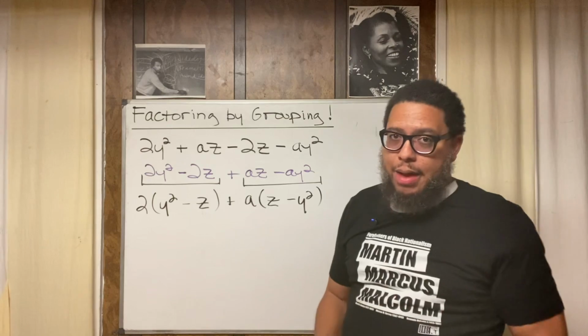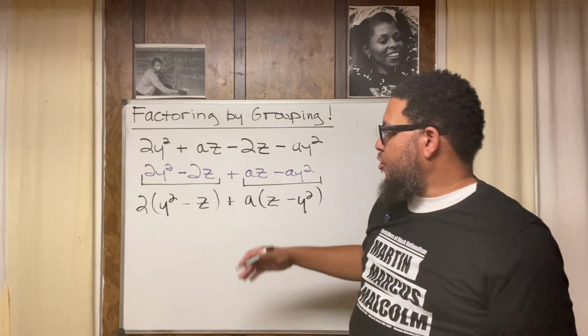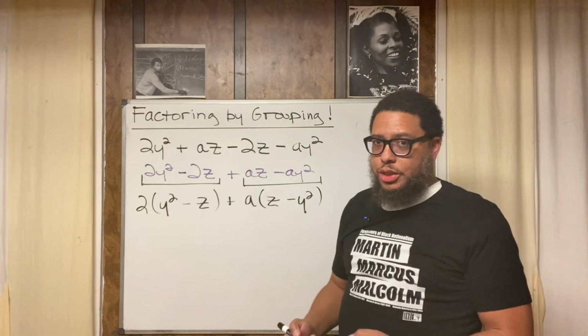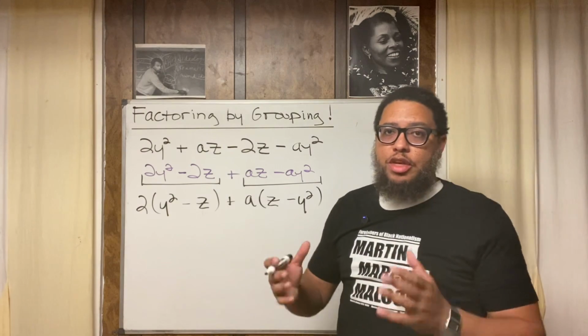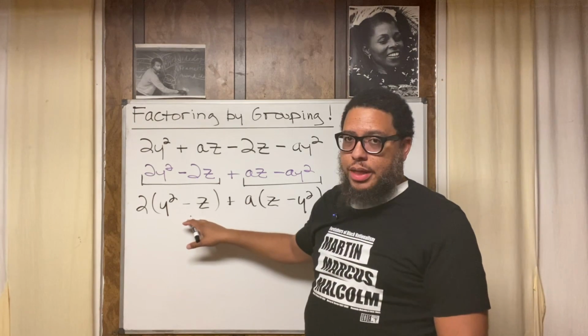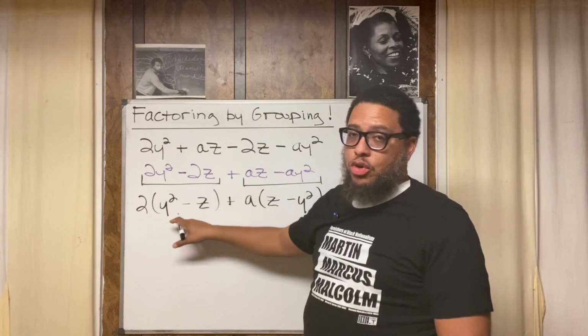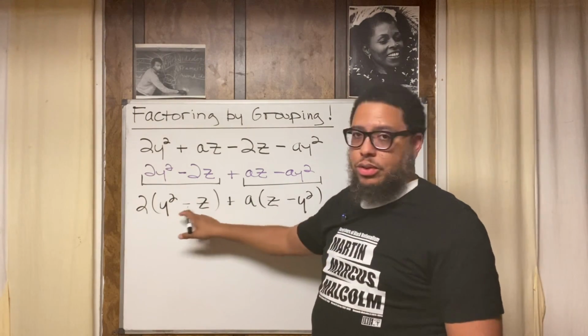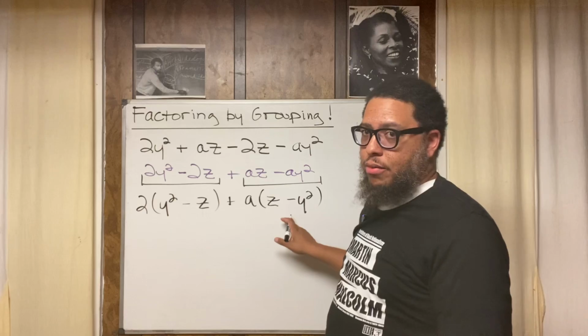Whenever you see that happen, you can factor out a negative 1 in order to get the signs to switch. Because that's what you want. Because when you're factoring by grouping, you want the binomials you end up with to be identical. These are not identical because the signs ain't right.